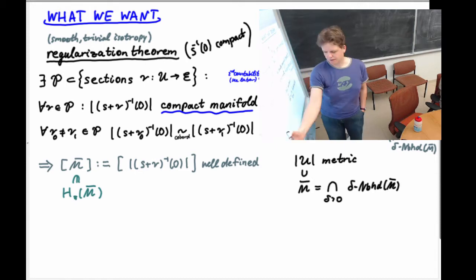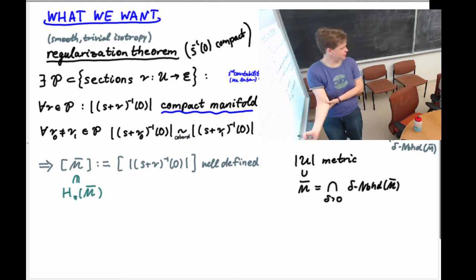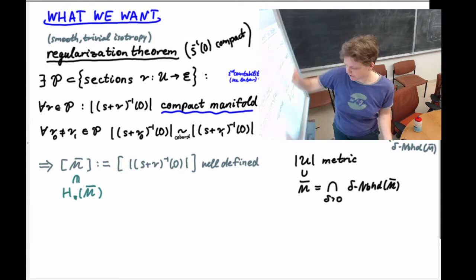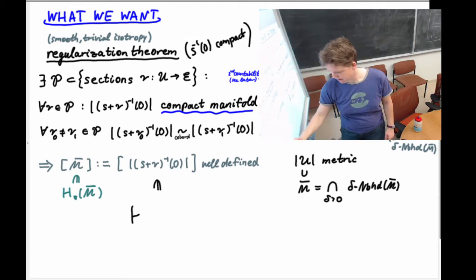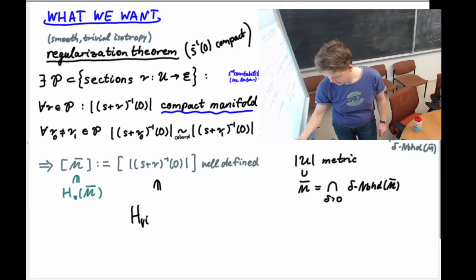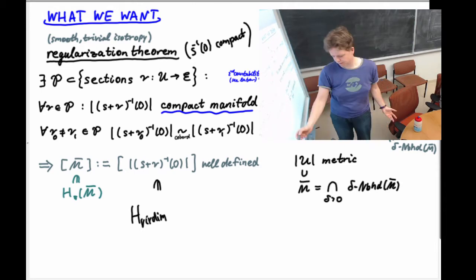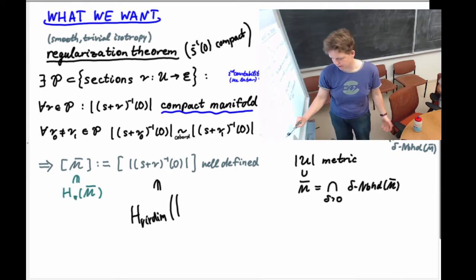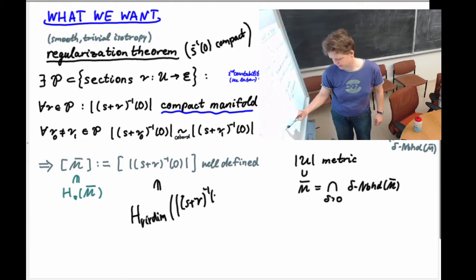But this is an abstract manifold. It doesn't sit in any bigger space. So the best place where I could think of this is maybe sitting in the dimension of, I'm expecting the virtual dimension, but it just sits in its own homology.